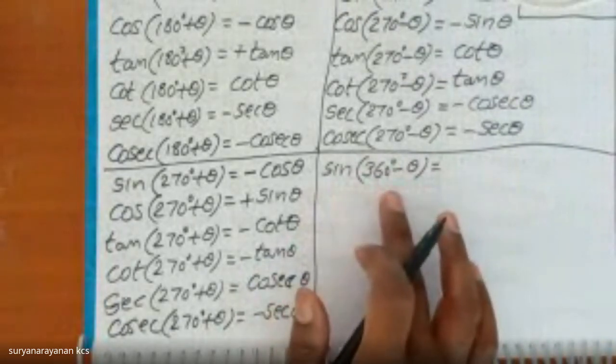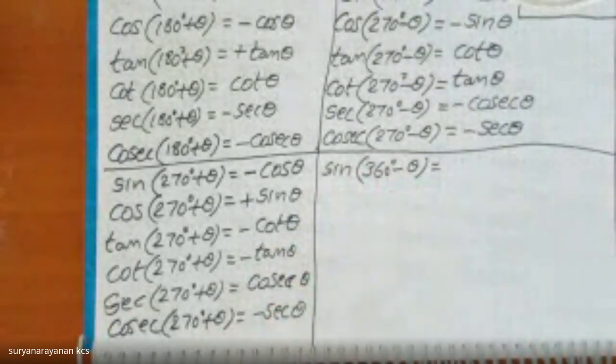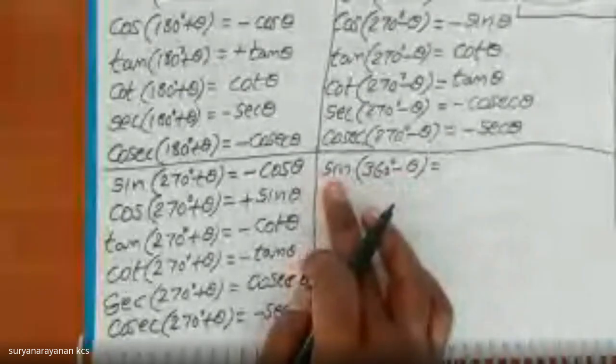In which quadrant does the angle 360 degrees minus theta lie? Yes, very good, Ria. Very good, Percy. Fourth quadrant. In the fourth quadrant, is the sign negative or positive? Minus.